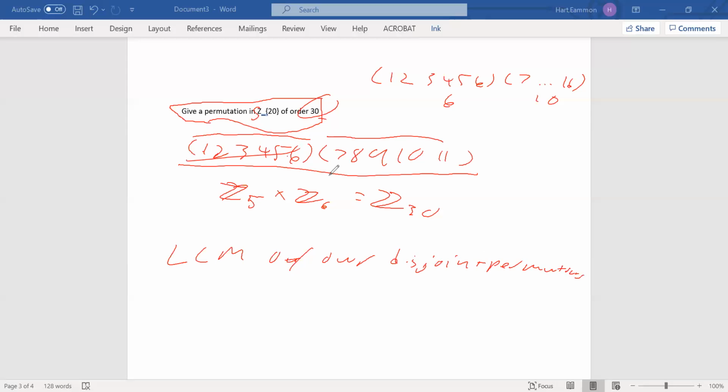So like this guy and this guy, or this guy and this guy, or if I had a third one here, say 12, 13, I would need the least common multiple of them to equal 30, of the size, least common multiple of the lengths of our disjoint permutations.